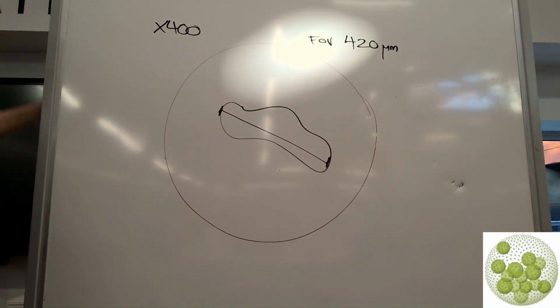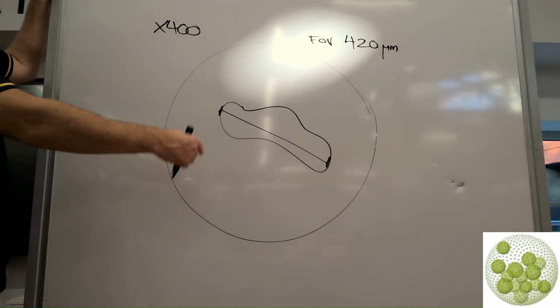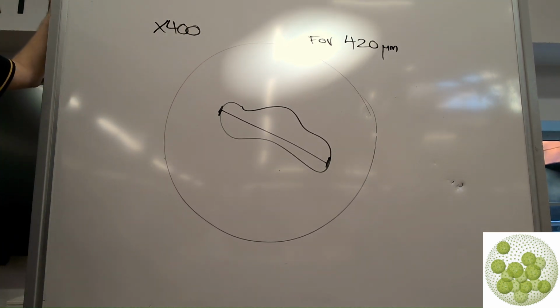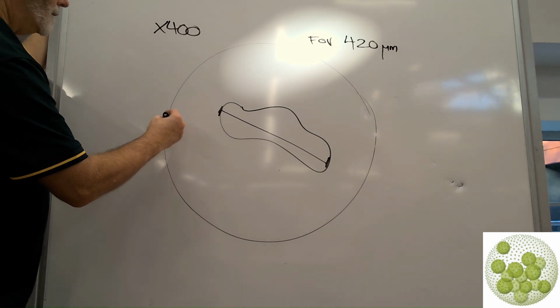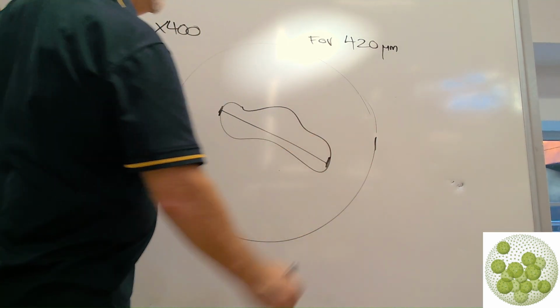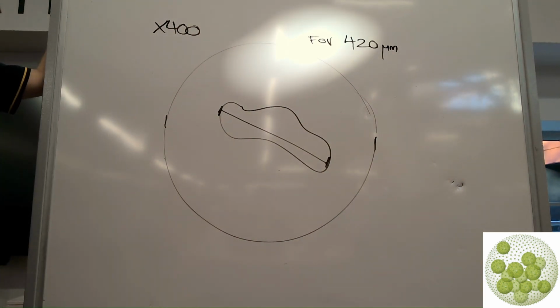This is a picture. The first thing we do, we're going to use our ruler. When I measure from one side to the other, how many centimeters did it take up?